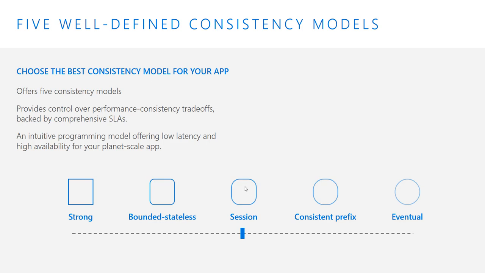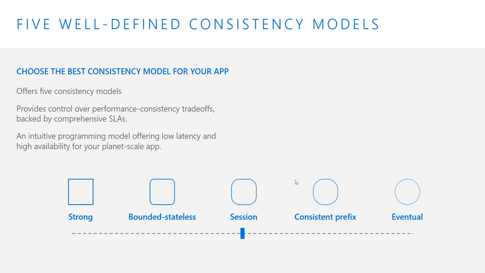Next one is session. Session is very simple: you read your own writes. So that's the session consistency. And then the consistent prefix. Consistent prefix says that you will get the data on the other end in the same sequence in which the data is written.